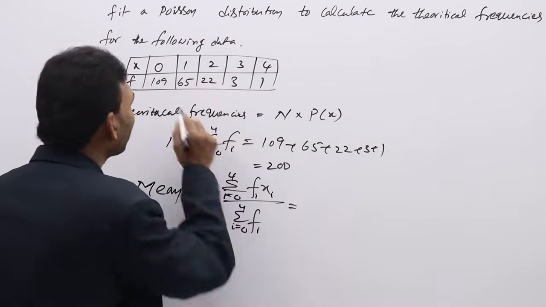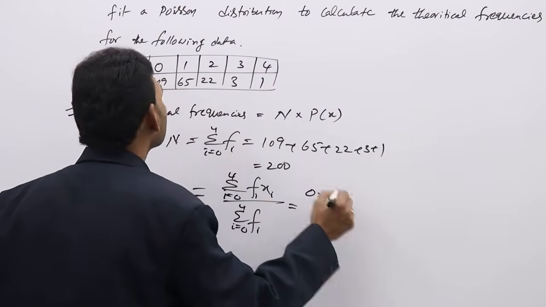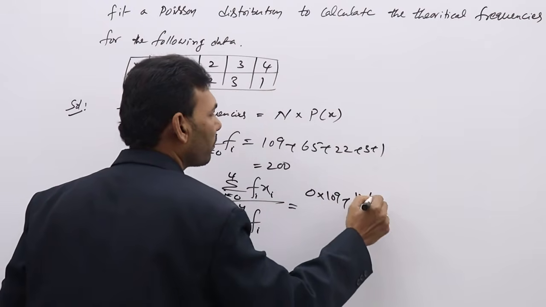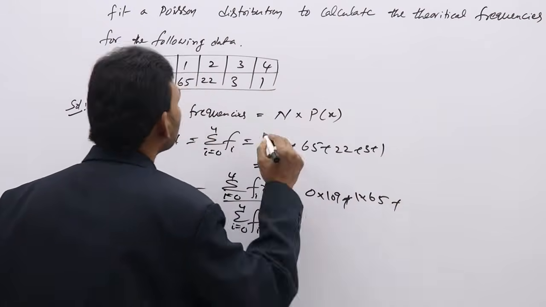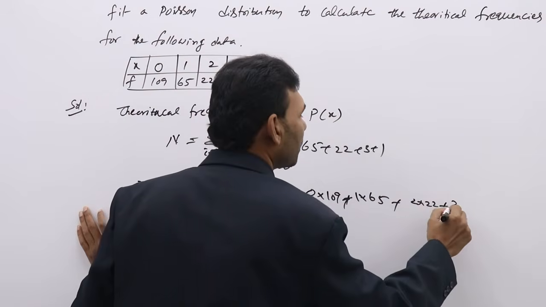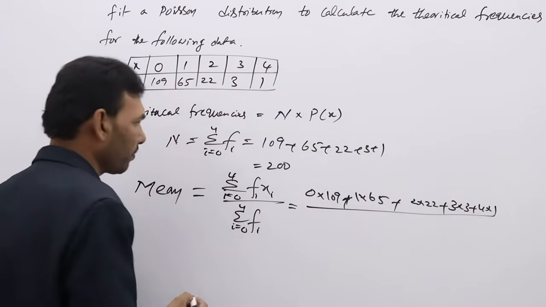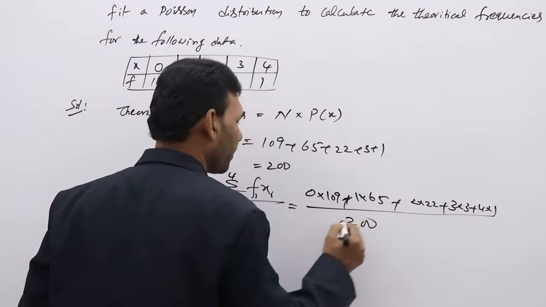Now this value will be calculated like this: 0 into 109 plus 1 into 65 plus 2 into 22 plus 3 into 3 plus 4 into 1 by sigma fi, which is 200.